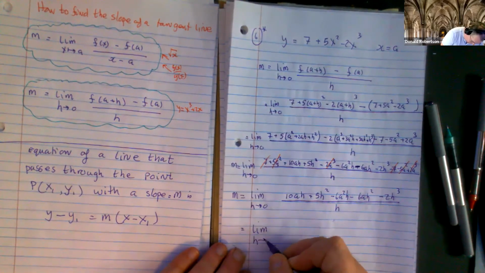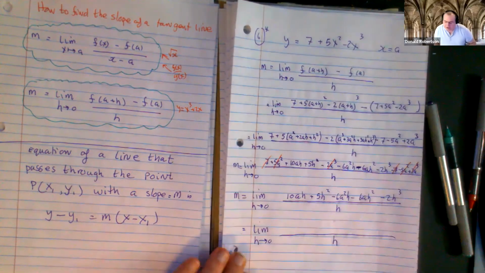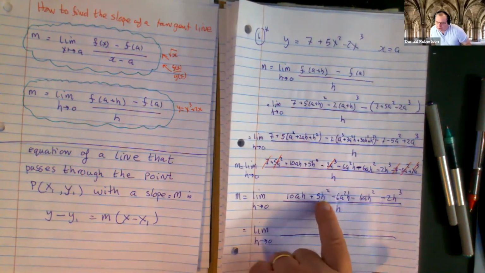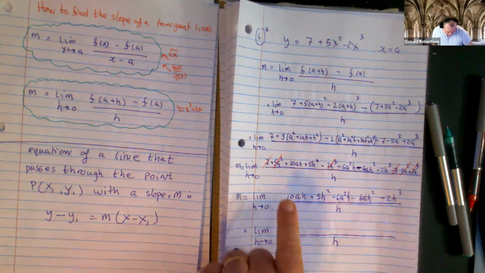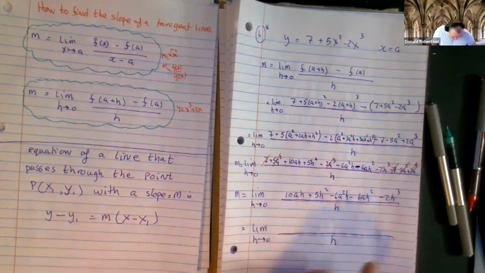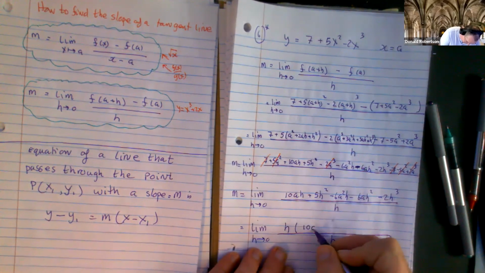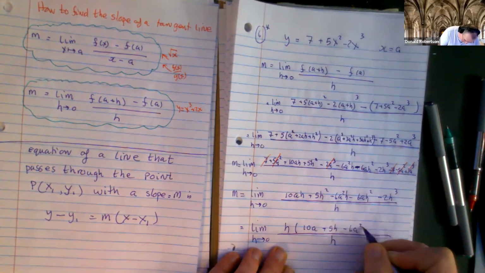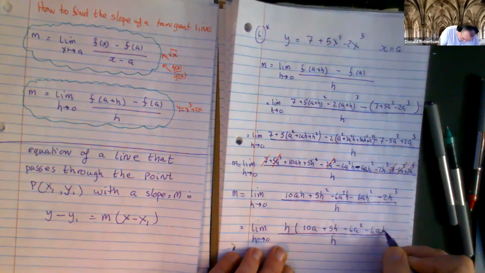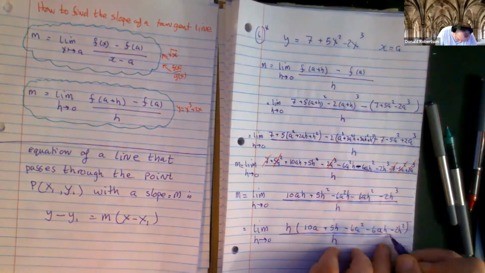What you do now, I hope you can see it, is do you notice at the top, you can pull out a common factor of h. Great. Each one of these contains at least an h. So I'll pull it out as a common factor. That gives me 10a, 5h, that guy, and that guy.